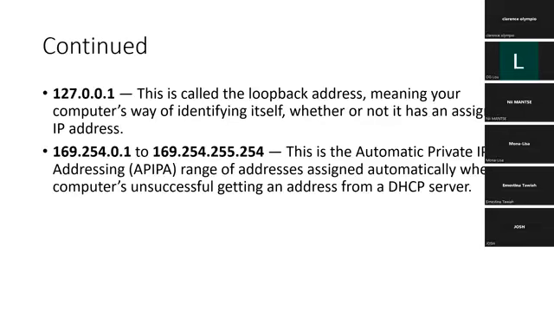So if you ever check your IP and you see 169.254, what it means is that the DHCP is not working, or your system was not able to reach the DHCP to get an IP address. So this is also a number that is reserved for that purpose.